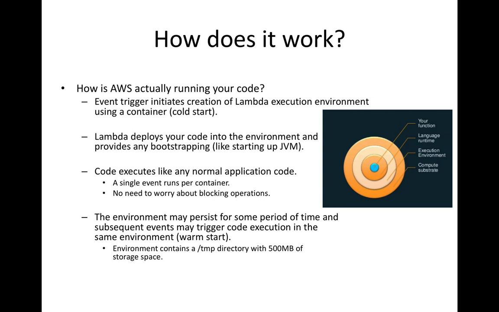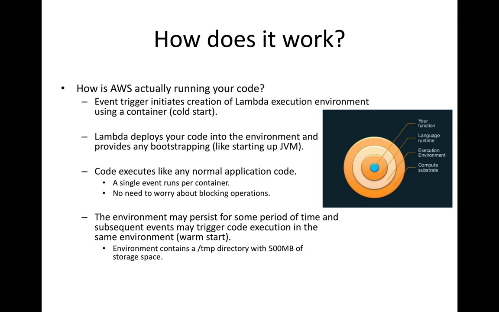So a Lambda function which starts from a fresh, brand new, clean environment from scratch goes through a cold start cycle. The Lambda function which is invoked and run in an existing container environment represents a warm start environment.